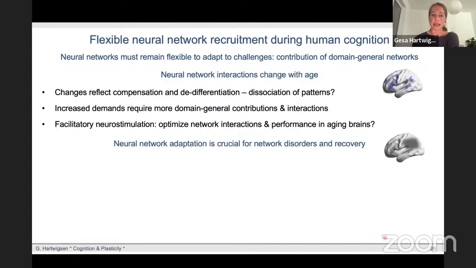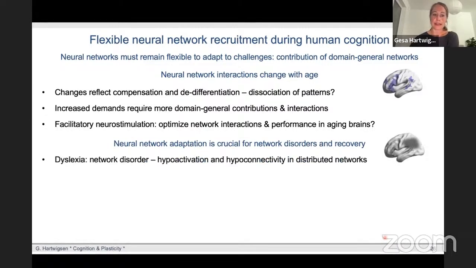We also see that neural network adaptation is crucial for network disorders and recovery of function. We have an idea that dyslexia can be characterized as network disorder with massive underactivation or hypoactivation and hypoconnectivity in distributed networks, not only in the core reading network in the left hemisphere, but also including their interactions and contributions of right hemispheric regions, and especially the cerebellum.